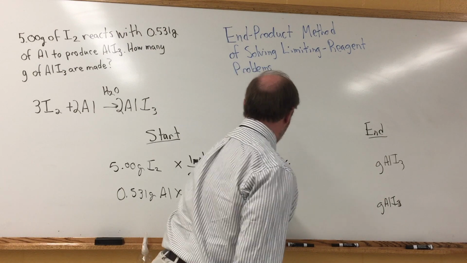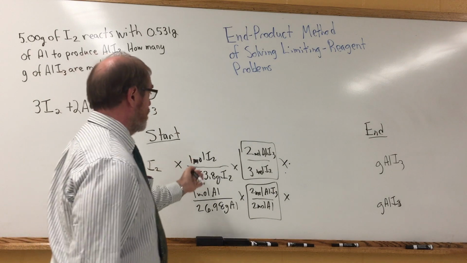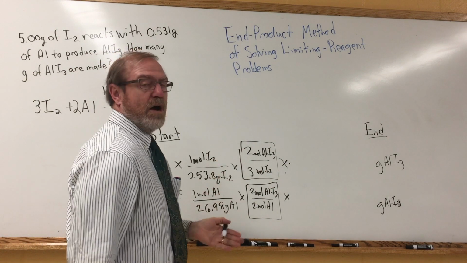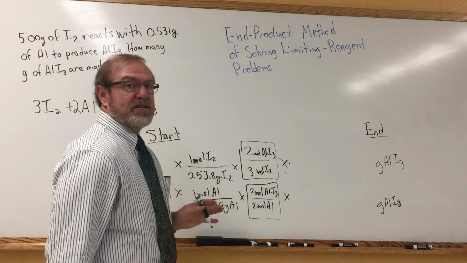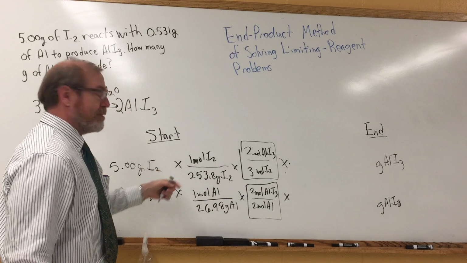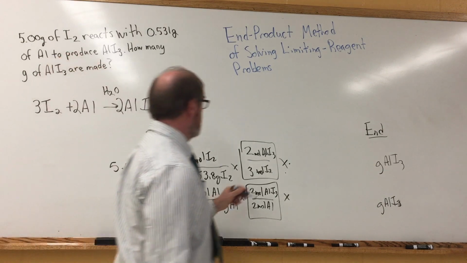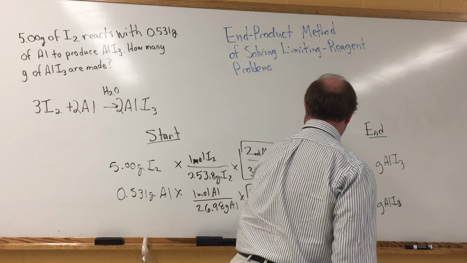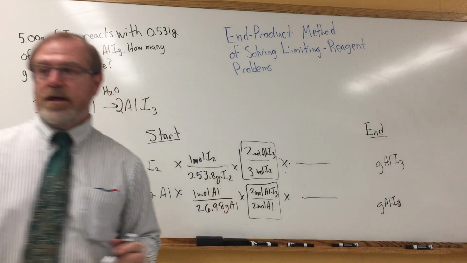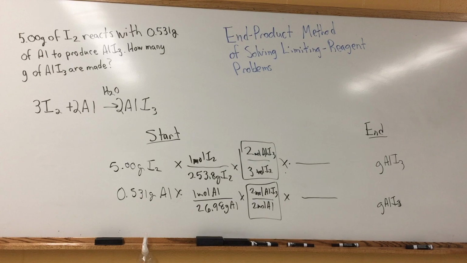So what we've done so far is we've converted from grams to moles, and moles of one substance to moles of our target substance. Now what we really have to do is the last step, which is another step involving molar mass, but now the grams will be on top instead of on the bottom. So last step, we have to figure out the molar mass of aluminum iodide.